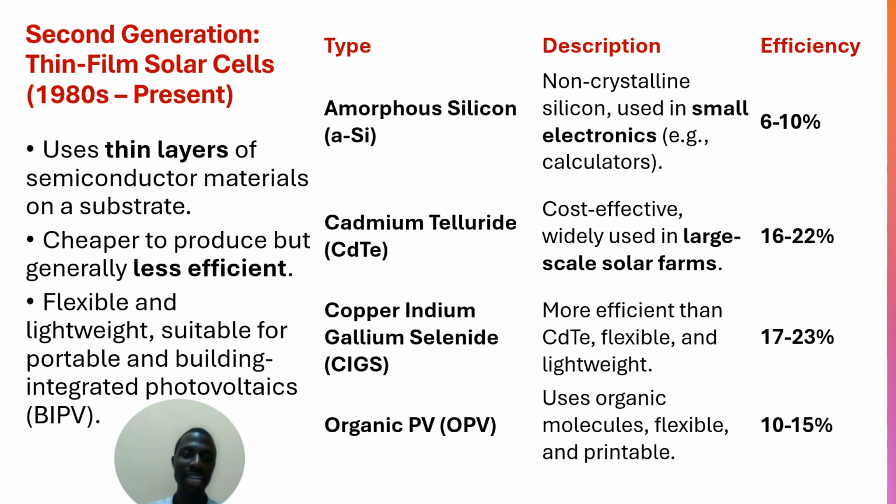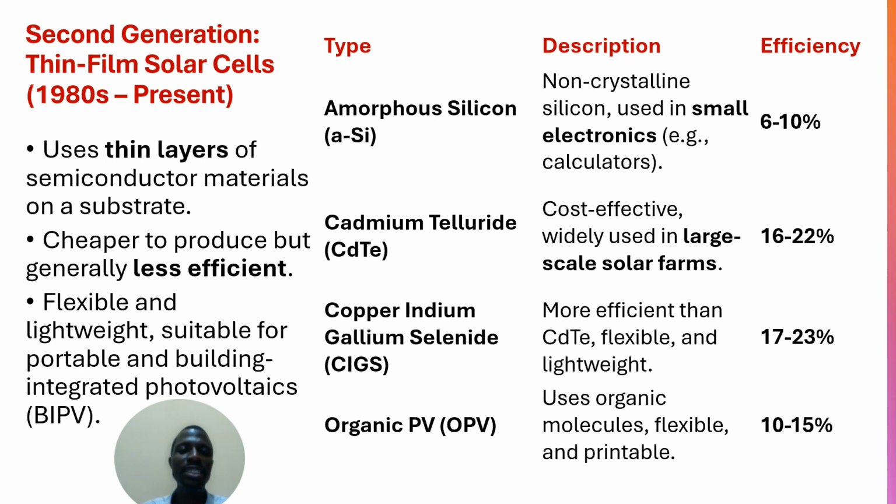Interestingly, it has its advantage in the fact that it can be made to be flexible, it can be made to be lightweight, and so you can even wear it because of its flexibility. You can place it on uneven surface, so it's suitable for portable and building integrated photovoltaics, BIPV.